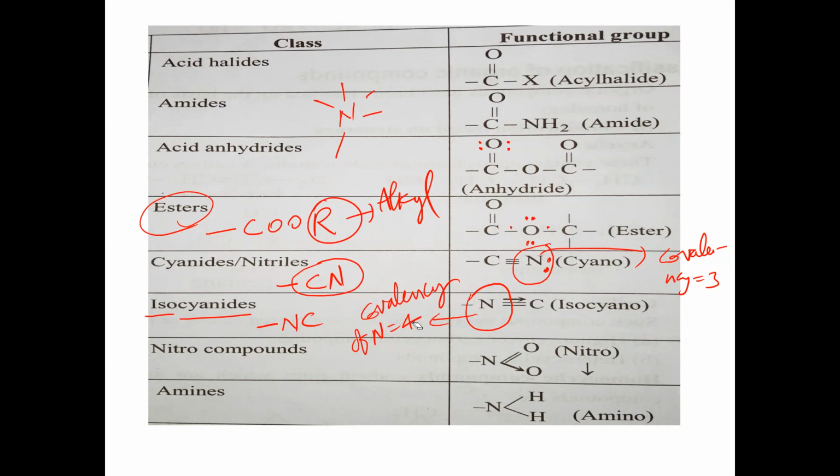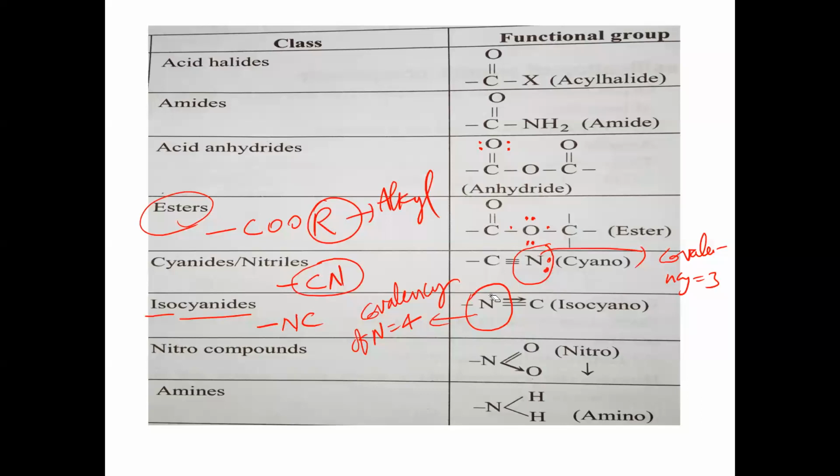That's all. So in isocyanide, there is a dative bond between nitrogen and carbon. Nitrogen is the donor atom, carbon is the acceptor atom. Keep this point. And here there is no lone pair of electrons on the nitrogen atom. That lone pair was donated for the formation of the dative bond.